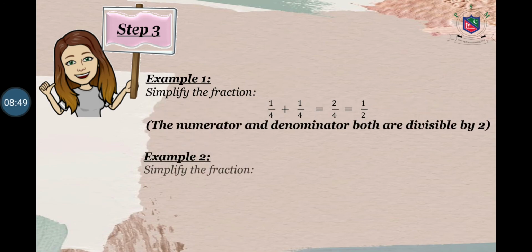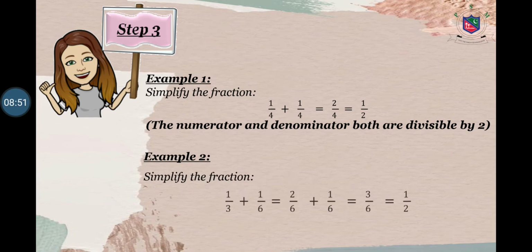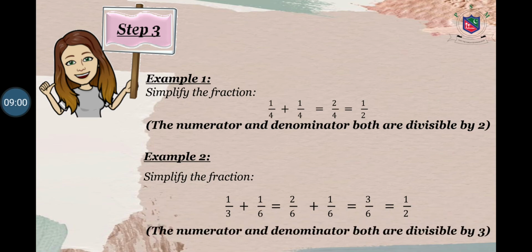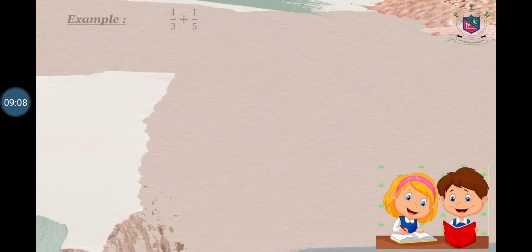For example 2, after addition we got 3 upon 6, and here also for simplification we can divide the numerator and denominator both by 3 and we get the answer 1 upon 2.